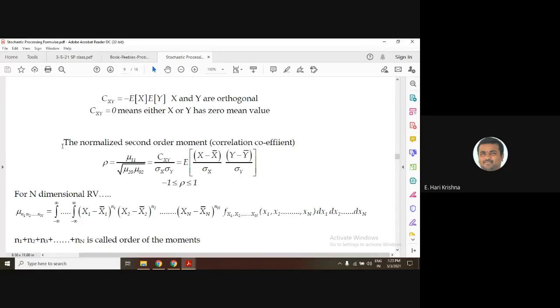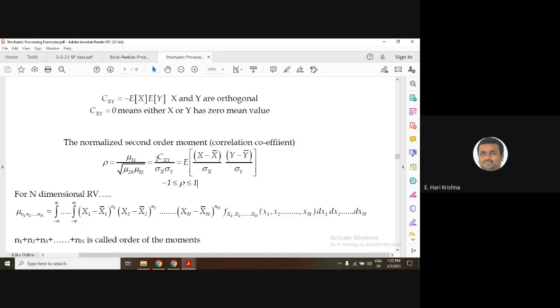Then this parameter is most probably used in a good number of research articles. Rho is generally called the correlation coefficient, and its value always lies between minus 1 and 1. It is mu 1 1 divided by the square root of mu 2 0 and mu 0 2.